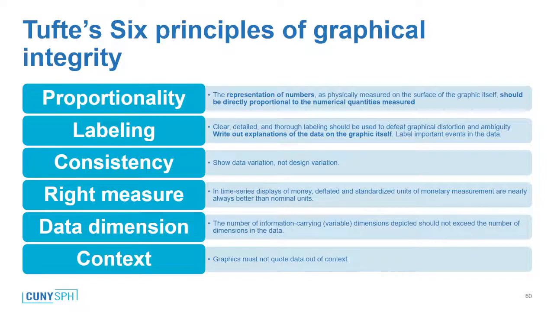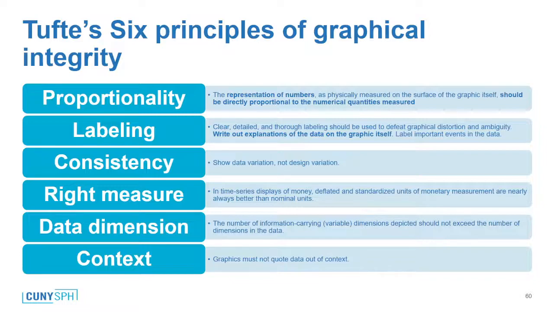First, proportionality says that the representation of the numbers needs to be proportional in the graph. There should be a direct proportion of the number quantities that we measure into the graph. We don't want weird proportions or representations, and we need to be careful when we are using logarithmic or different scales that we can use in order to amplify differences.